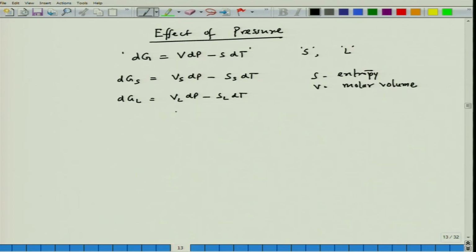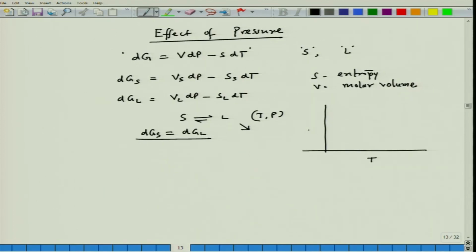Now, if there is an equilibrium between solid and liquid at some temperature and pressure, then these two quantities for infinitesimal changes will be the same, since they have reached equilibrium. Previously we have seen, if we try to see the effect of temperature, pressure is constant.